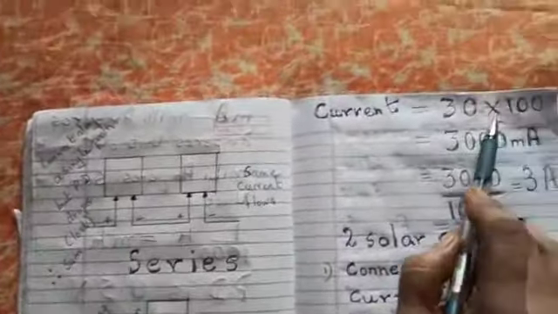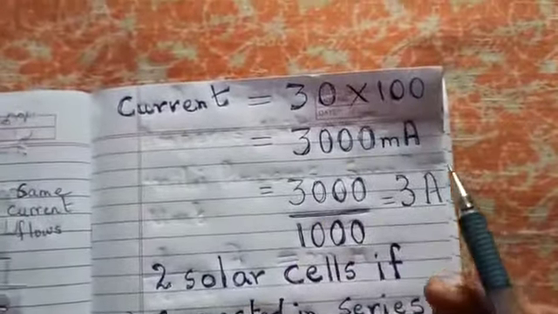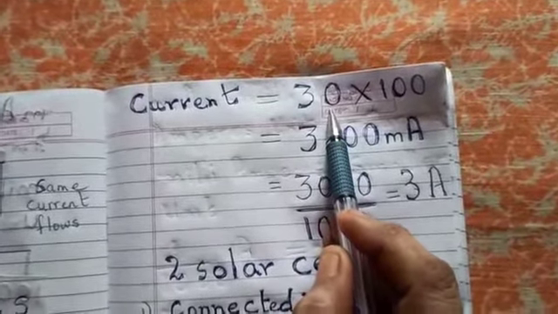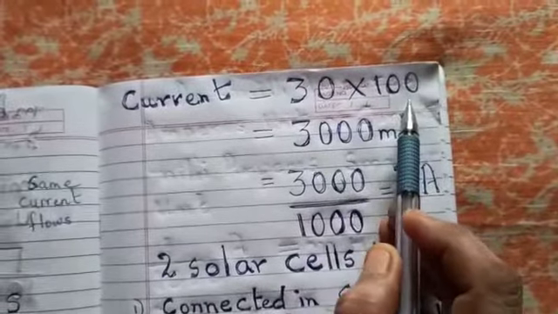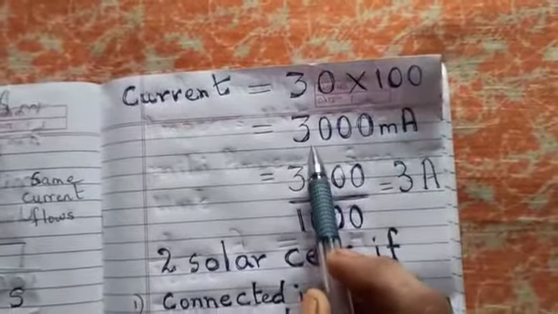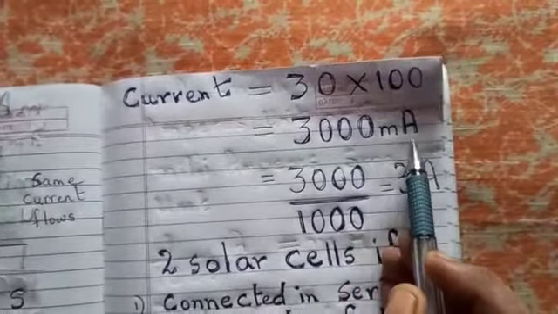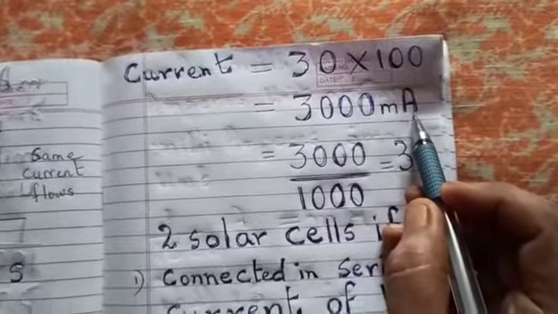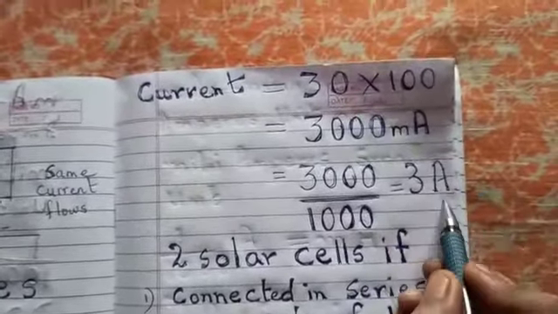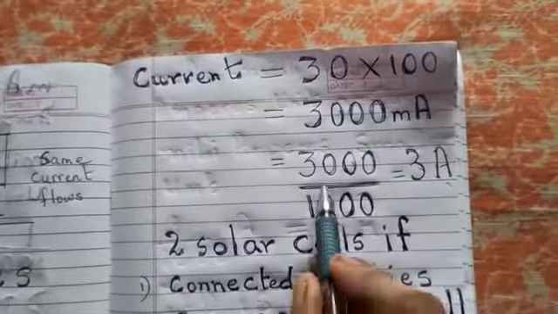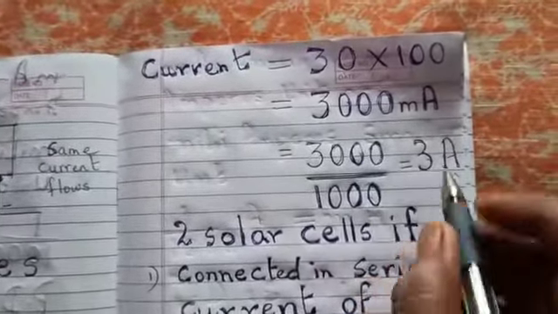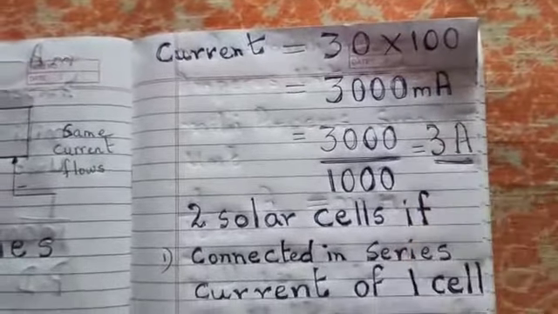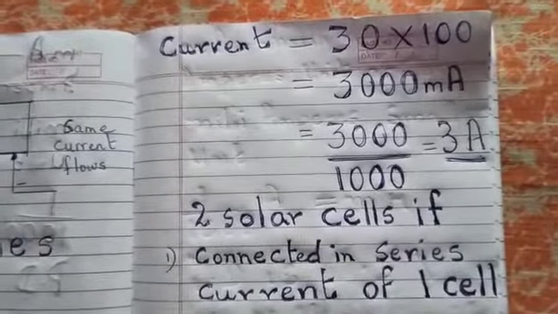Now the current obtained will be 30 milliamps into the dimension which is 100. We will get 3000 milliamps. Now you know milliamps is a smaller unit. Converting it into amps, we have to divide it by 1000 and we'll get what is known as 3 amps.